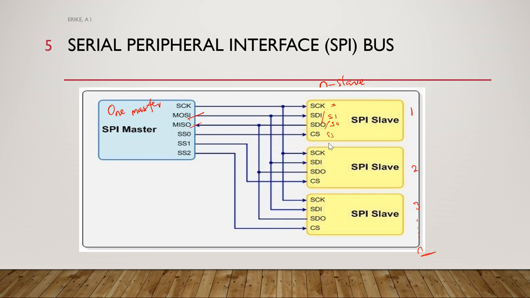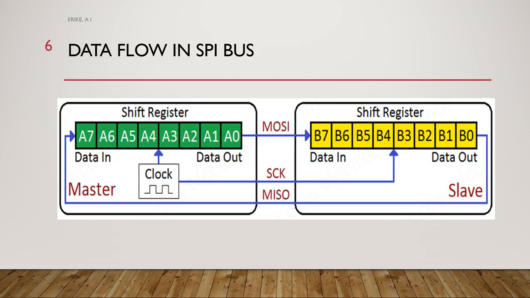Okay, next we look at the data flow in SPI bus. All right. So from the figure that we are considering now, you will discover that the shift registers in master and slave devices are connected together such that it forms a loop.